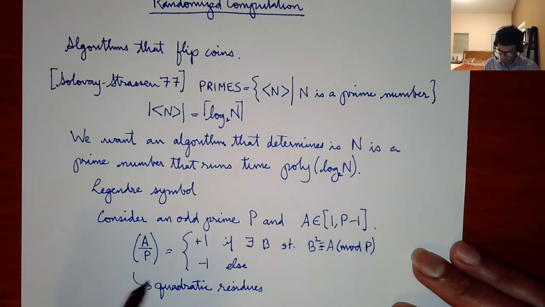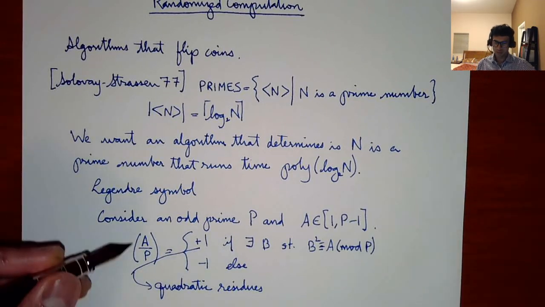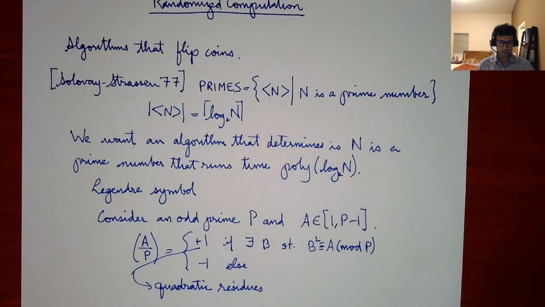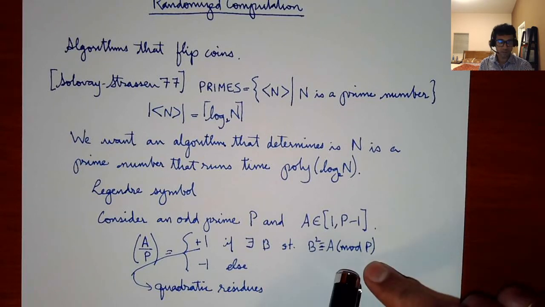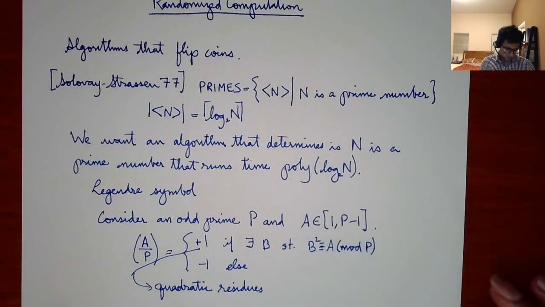And technically this is called a quadratic residue. So this checks if a is a quadratic residue modulo p. So is there some b, it's like saying, does a have a square root modulo p?